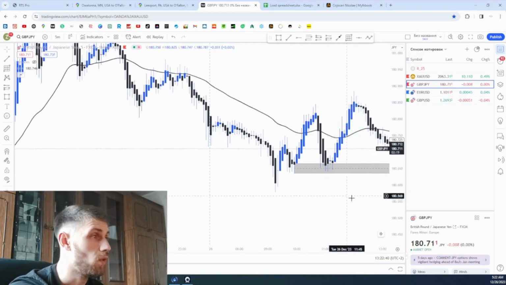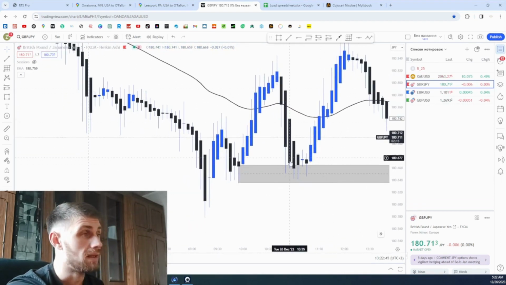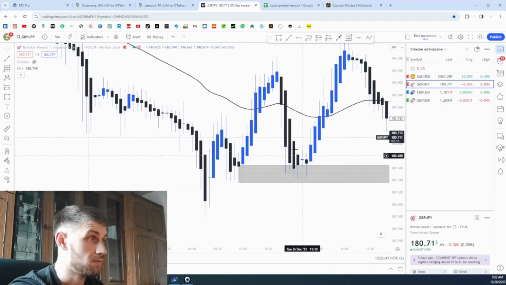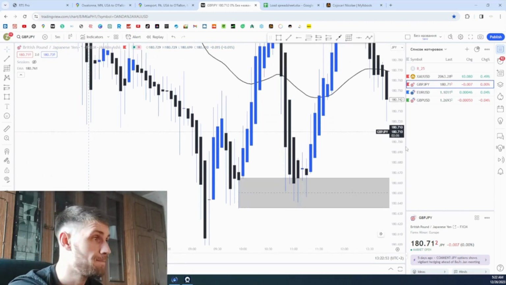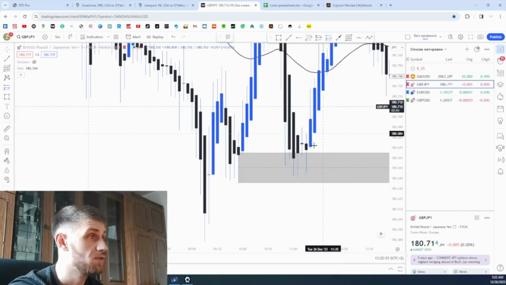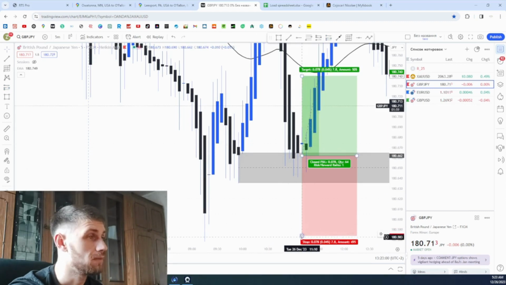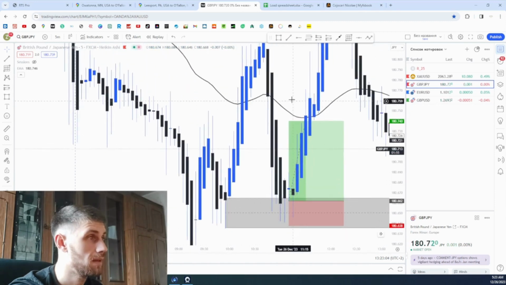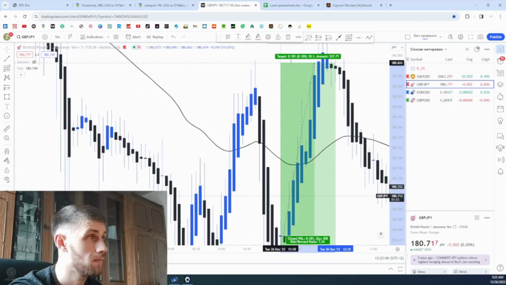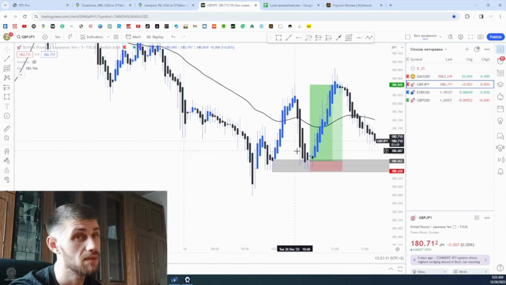One more way to use this Heiken-Ashi is to let the price action come to the zone, touch it, and when you see the first blue candle, like the trend tries to reverse, set your entry beneath this blue candle, and you can put it this way. That would be even better risk to reward.